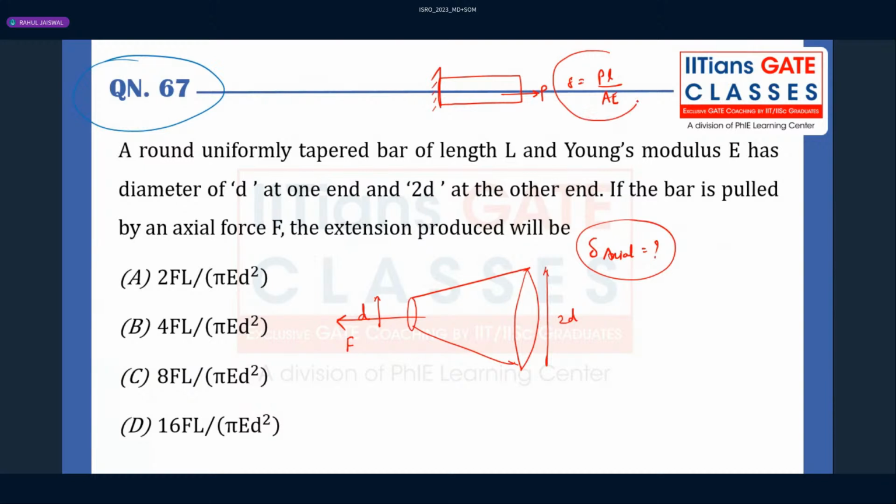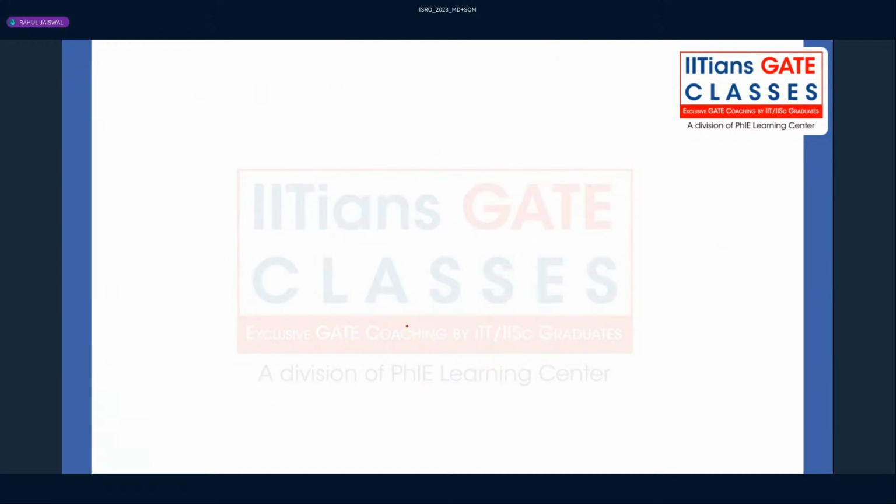Now we cannot directly use this formula because here the area is not the same everywhere. The area is changing, so accordingly we have to proceed. First of all, note down, then we will discuss. Okay, so all of you have noted down. Now note down the figure.